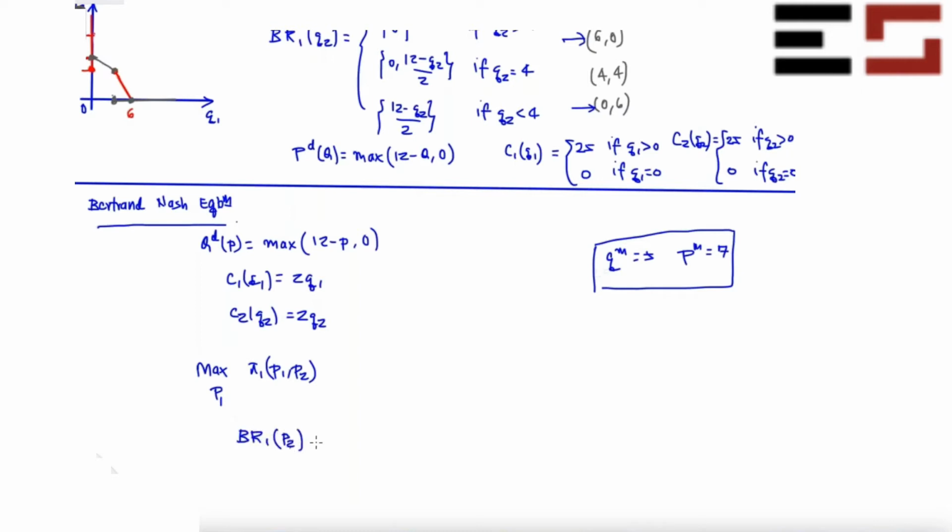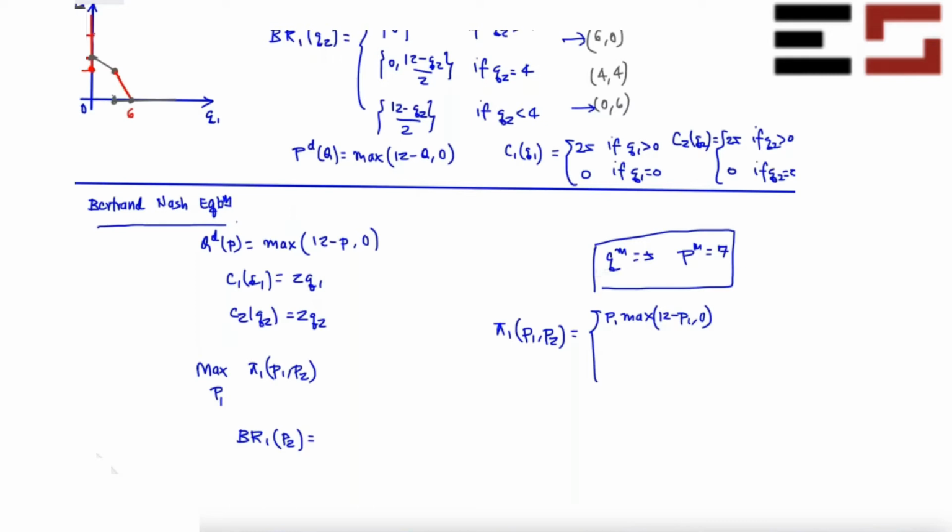By the way, you remember the Bertrand scenario, right? What are the profits in Bertrand? Whoever sets the lower price gets to sell in this market. So you get P1 times max of 12 minus P1 comma 0, that's the quantity, and P1 is the price, minus the cost, which is 2 times this quantity.